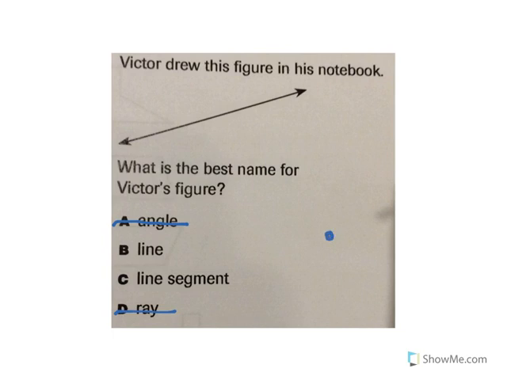A ray would have one endpoint and an arrow. It is not a line segment because a line segment would have two endpoints. This one does not have any endpoints. It just has two arrows.